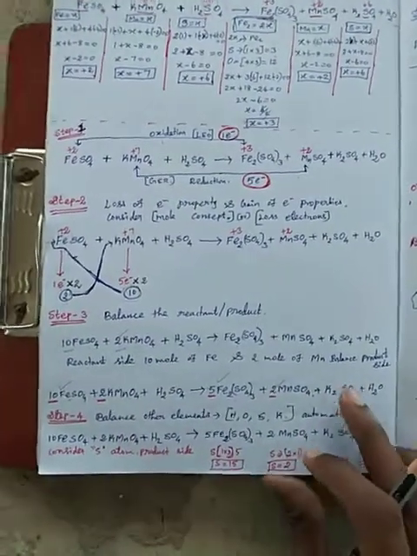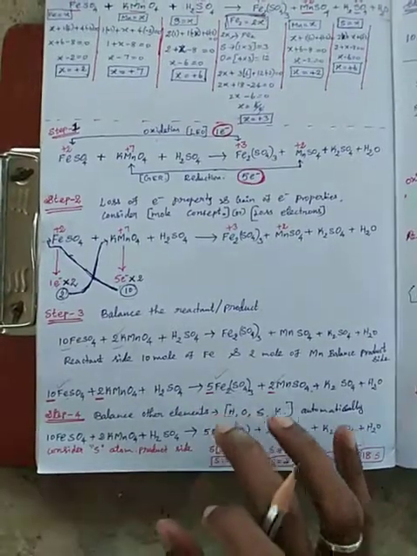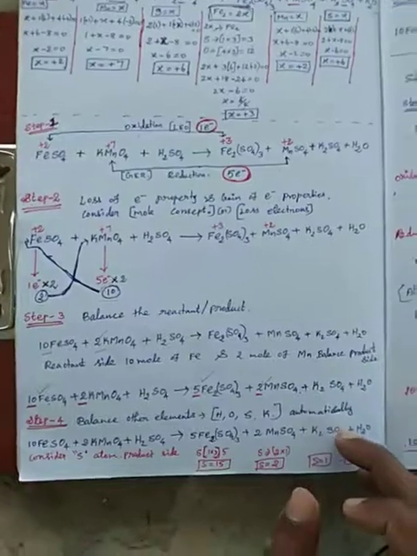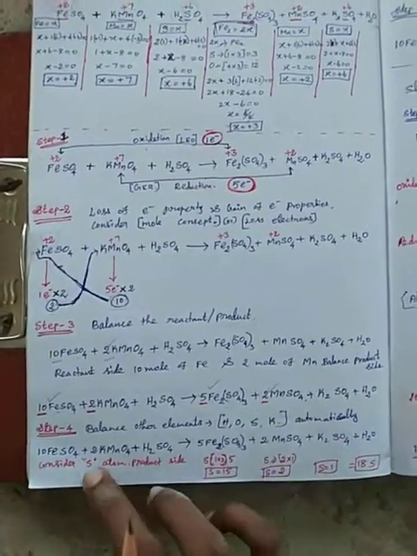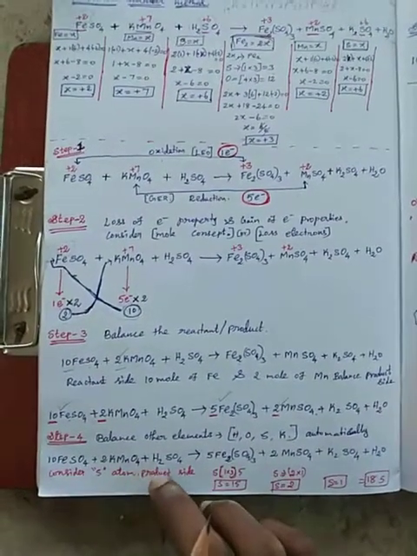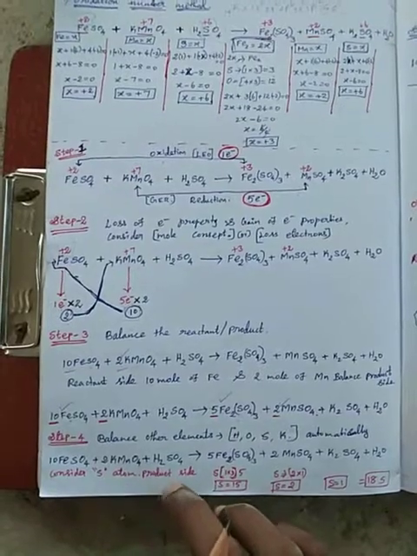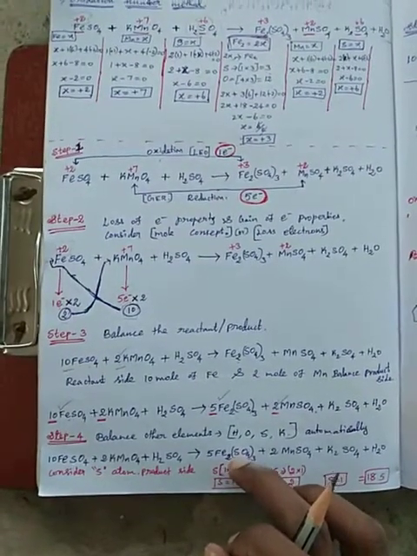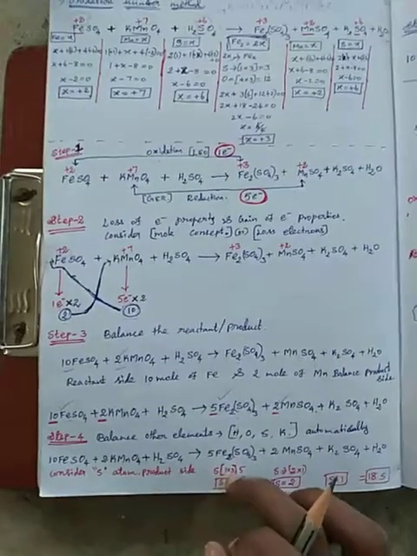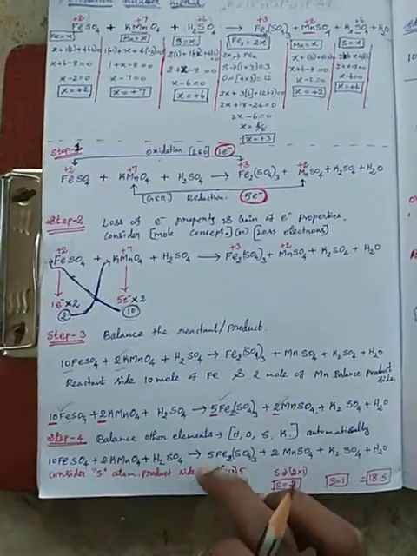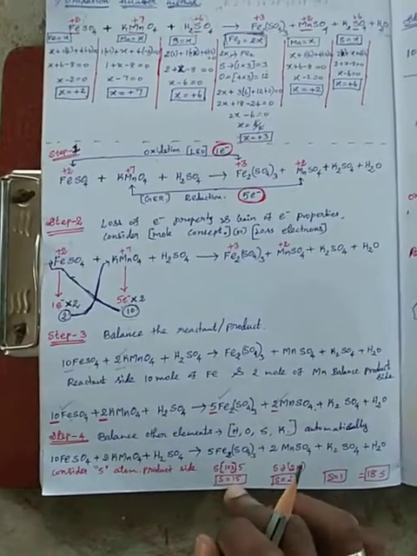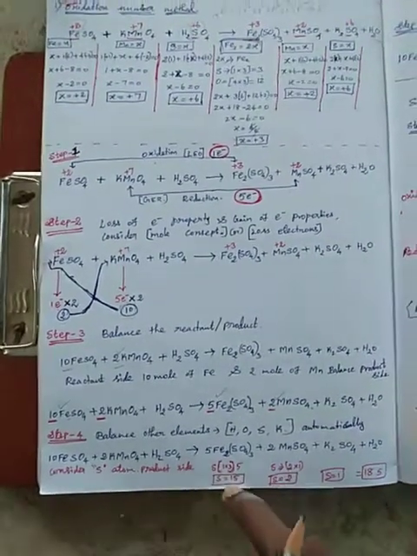But compared to that, the other elements, sulfur atom, hydrogen atom, potassium atom will be considered. How many sulfur atoms are present? First of all, consider the sulfur atoms on the product side: 1 into 3 sulfur atoms into 5 times. So 15 sulfur atoms on the ferrous sulfate side.